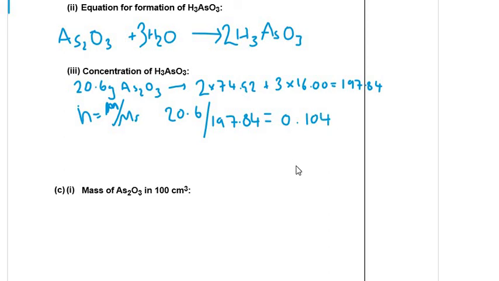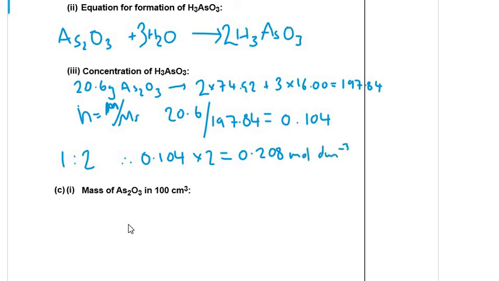But then, looking at the equation we've just written, we should see that the ratio of the oxide to the acid is 1 to 2, and therefore we're going to have 0.104 times 2 moles in this solution, which is going to give us 0.208 moles per decimeter cubed.